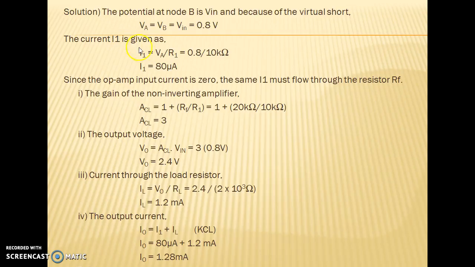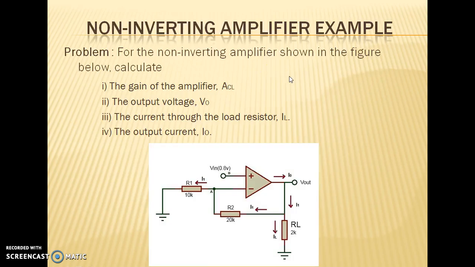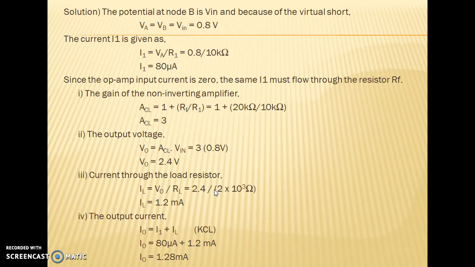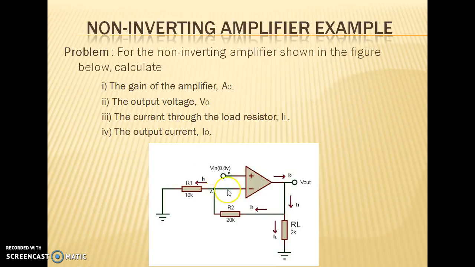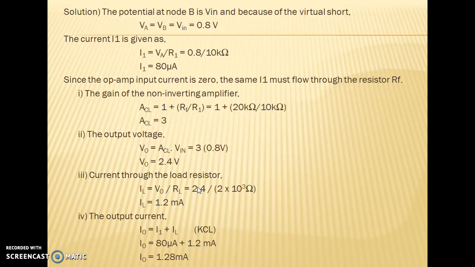The current I1 is given by VA by R1. I1 is VA, the voltage across this resistor, this minus this, as this is grounded. So VA minus 0 divided by R1. So I1 is VA divided by R1. That is 0.8 by 10K. So it is 80 microamperes.